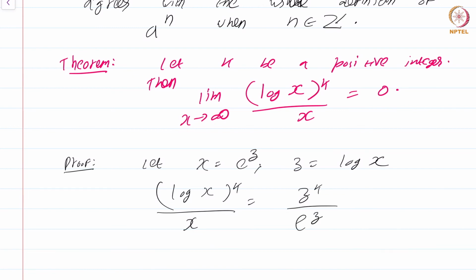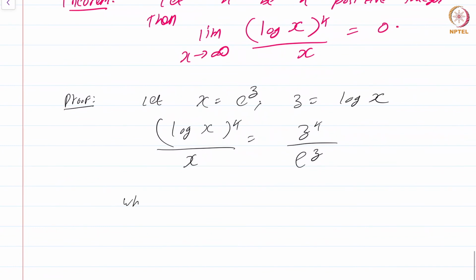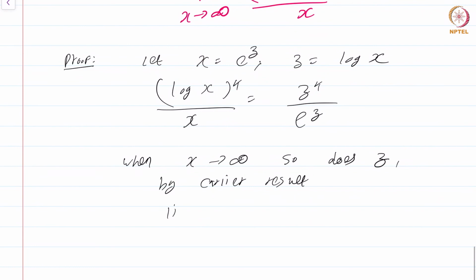Now when x goes to infinity, so does z. But by the earlier result, limit x going to infinity, z power k by e power z goes to 0, as required.